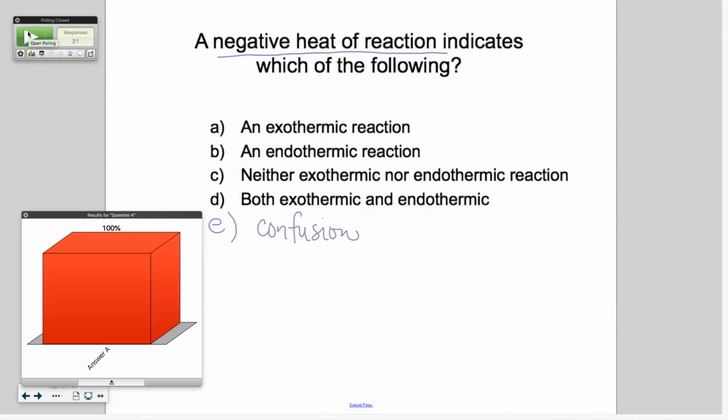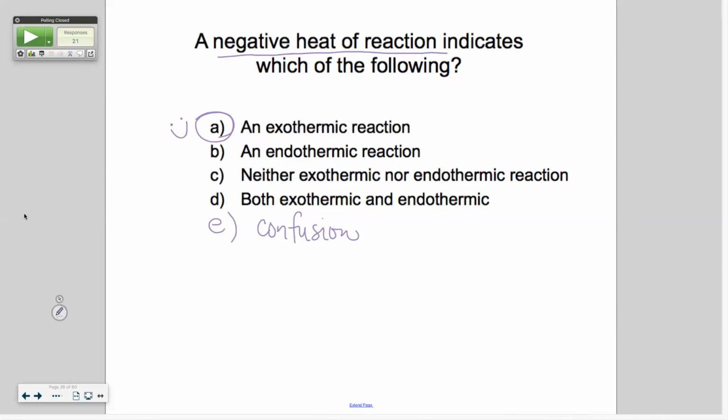Negative was exothermic. Okay. Positive is endothermic. Okay, what does it mean to be exothermic? You're giving off energy. Okay, when you draw your reaction coordinate diagram, where's your product? Lower than reactants for exothermic.